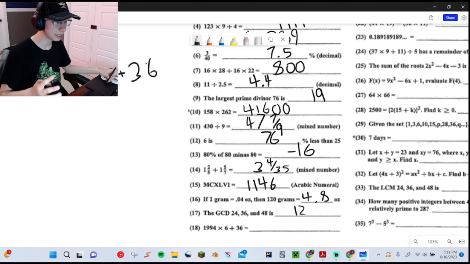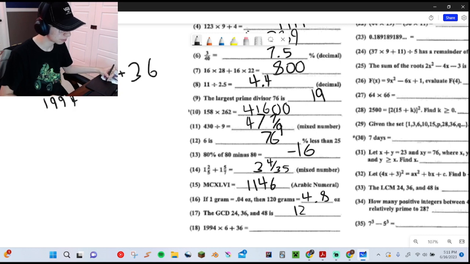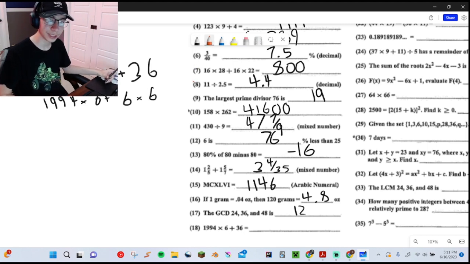Let's change the way we're viewing this question. Change our framing. This 36 is the same as 6 times 6. And aha, this is kind of like question 7. I can pull out a factor of 6 from both of these products.